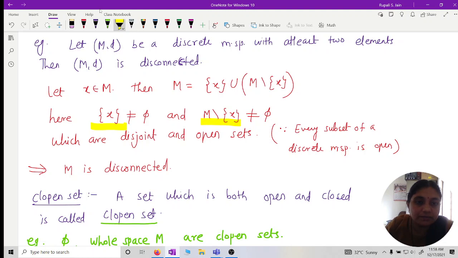Since its complement is open, it is closed also. This singleton {x} and M minus {x} are complements of each other, and both are open, so the other one should be closed because one is the complement of the other. So singleton {x} in a discrete metric space are clopen sets, open as well as closed.